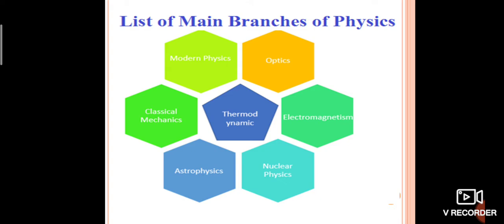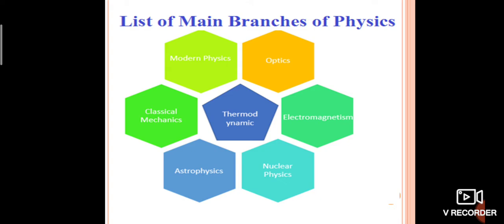Next branch of physics is astrophysics. This branch mainly deals with the study of astronomical objects such as planets and stars. The next branch of physics is classical mechanics.